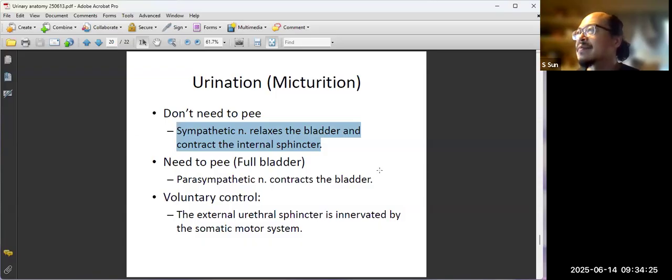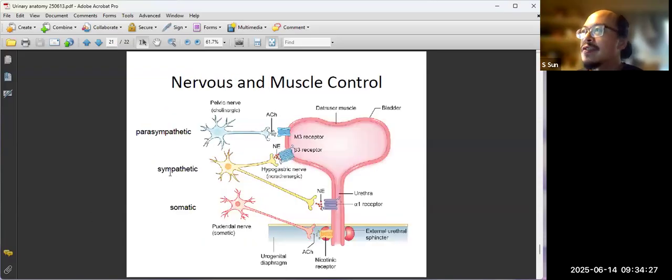So this one shows you those nerve controls. Parasympathetic contracts the bladder. Sympathetic contracts the internal sphincter. Somatic, meaning your voluntary muscle, contracts your external sphincter. Don't worry too much about the neurotransmitters yet.